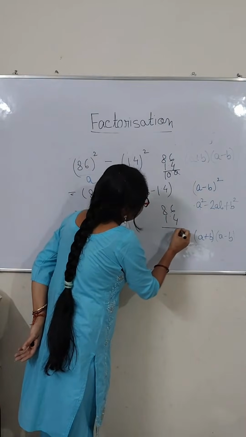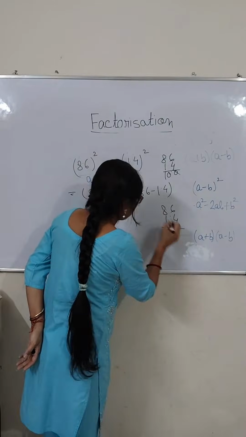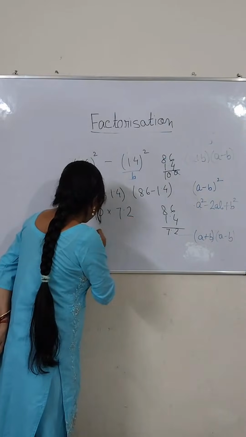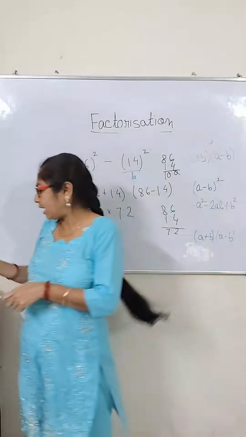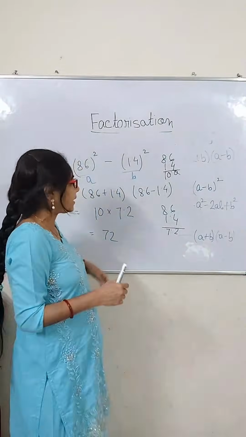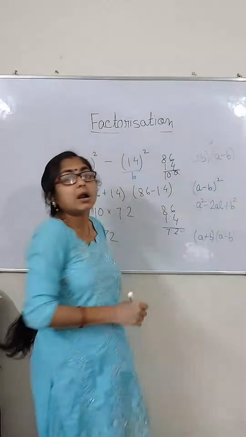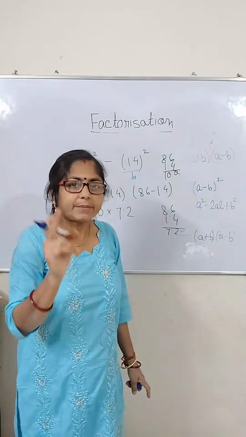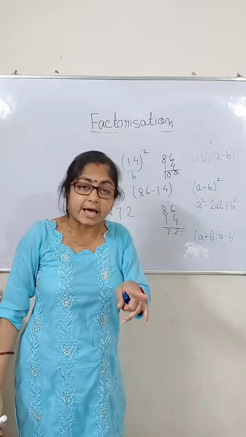Most of the time, this is where the kids make mistakes. There is a decimal. Most of the time when you check the copies, what happens is they subtract. 72 is the answer, but they don't apply any decimal. 72 is not the answer. 7.2 is the answer.